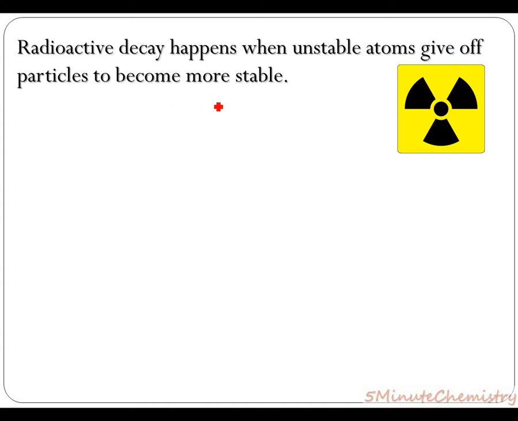You have natural isotopes, and basically any element that has a mass of 83 or more is considered to be radioactive. It is going to change, whether that's going to happen quickly or not. So that's one thing to consider. Naturally these occur, but also artificially, man-made isotopes made in a lab, many of them are radioactive.